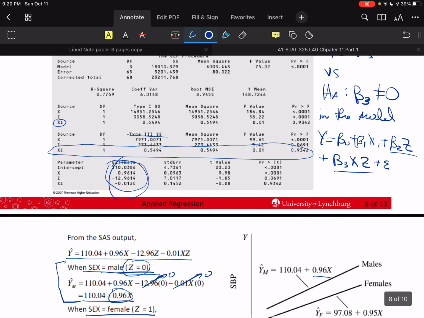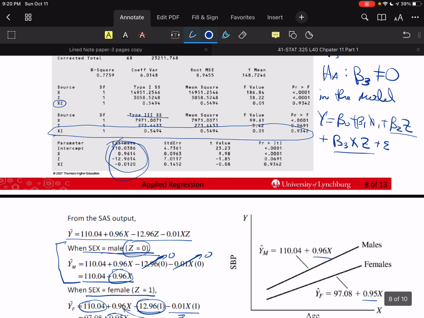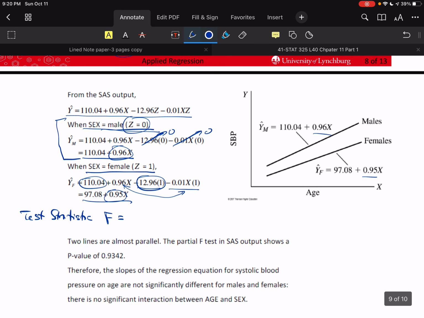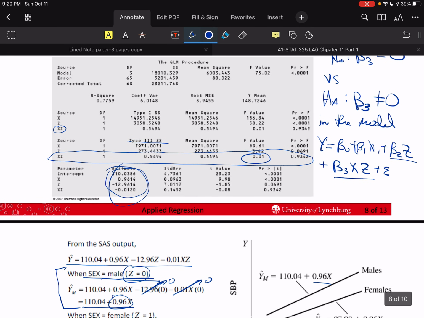And so this is our hypothesis test, so our test statistic, F equals, and I'm going to get that from right here, 0.01, with degrees of freedom equal 1 and 68.